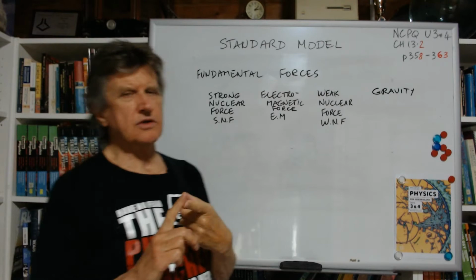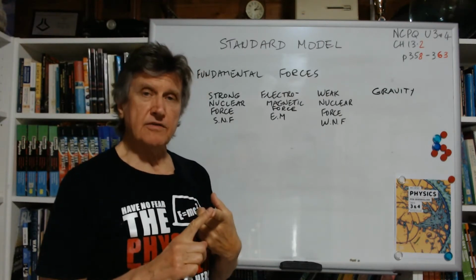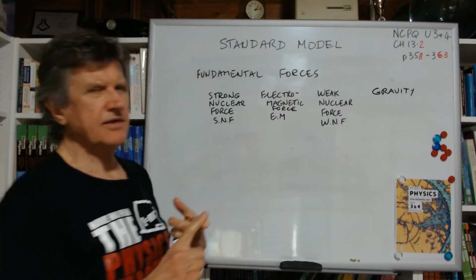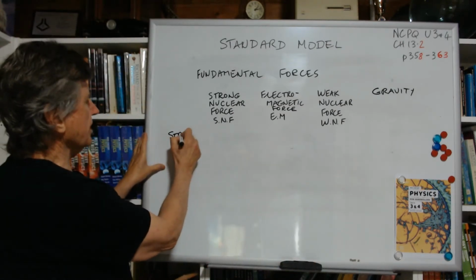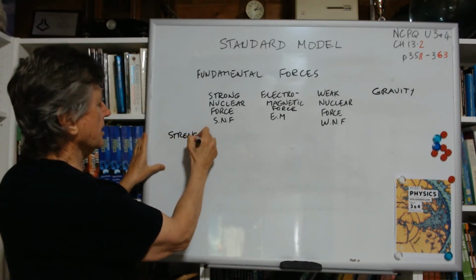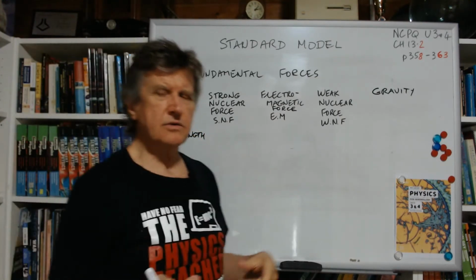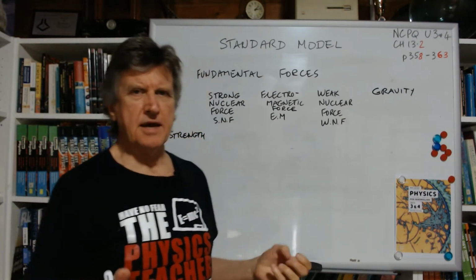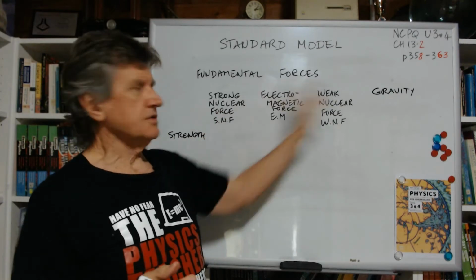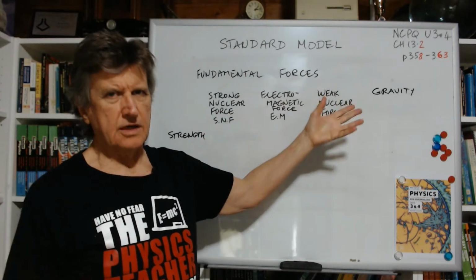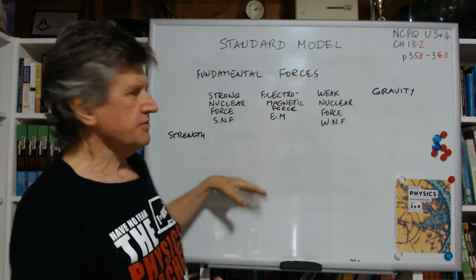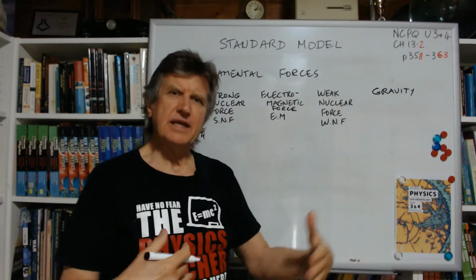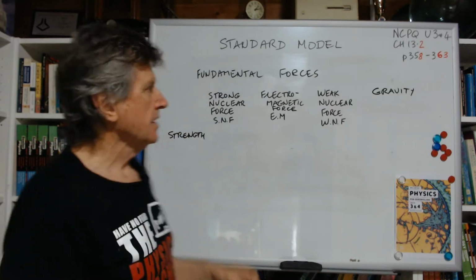The two things I'd like to look at are the strength of them and the distance they operate over. You won't be asked about the strength on an external exam. All they'll ask you to do is to list the four forces firstly, and then secondly to describe them in terms of the particles that mediate them, in other words go between them.